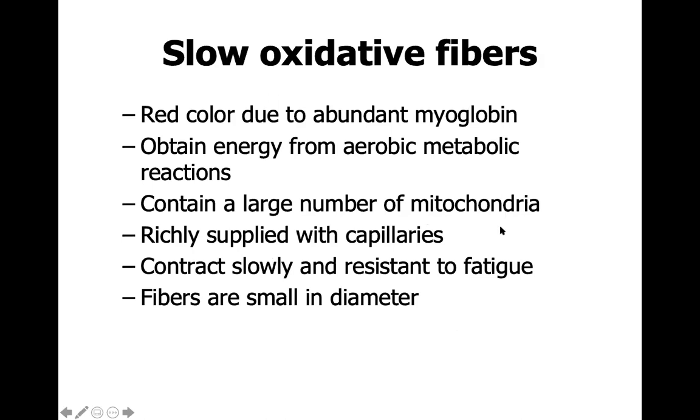Because they have high demand for oxygen, they will have more capillaries. And the word slow implies that they contract slowly, but because they have easy access to energy, they can last for a longer period of time. The fibers in these muscles are relatively small in diameter.